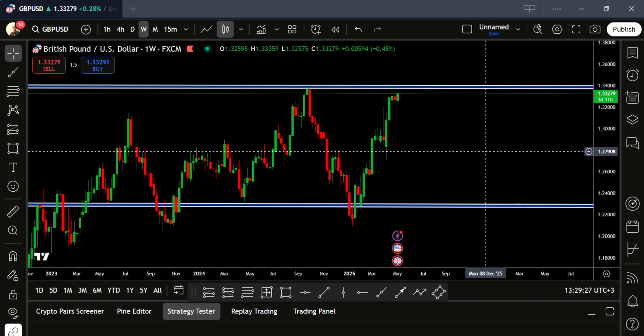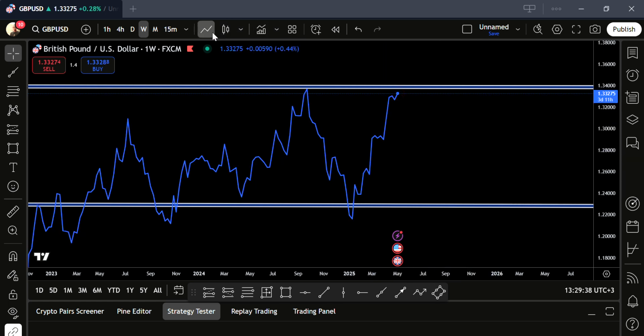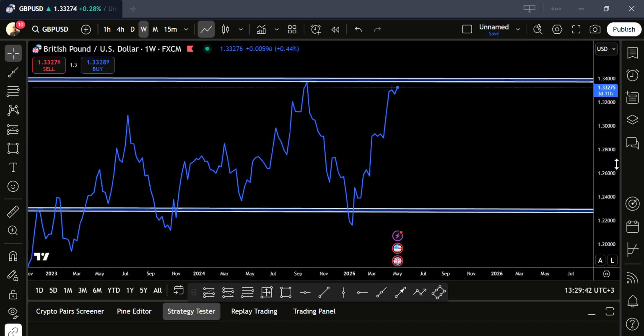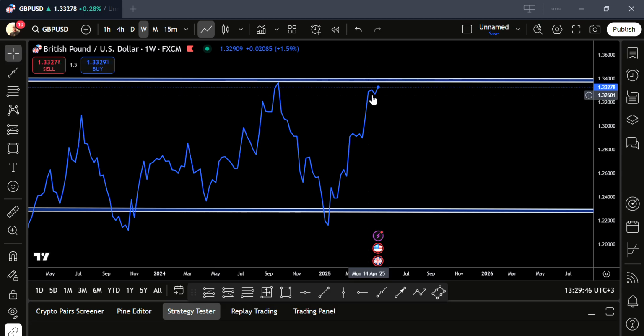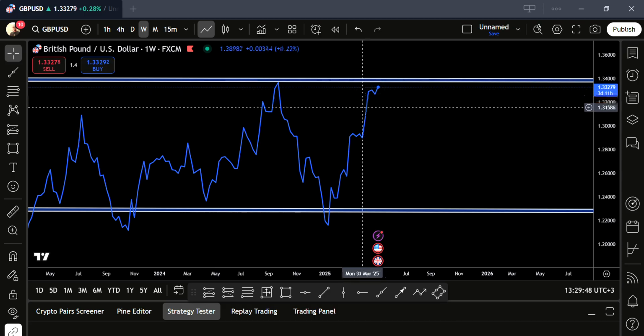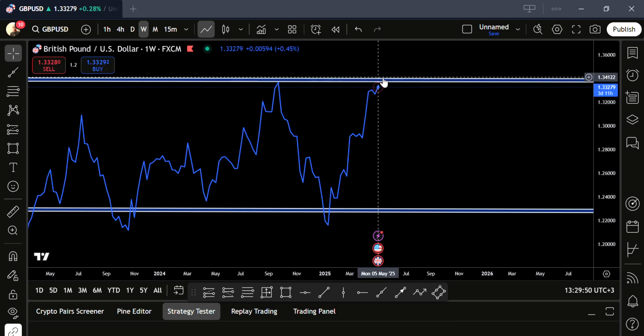Because when you get a rejection on the monthly, to come on the weekly and get a very straight line, it can take you like 4 to 5 weeks, because each candle is like 1 week. So what do you see here? We have a high, a low, a high.